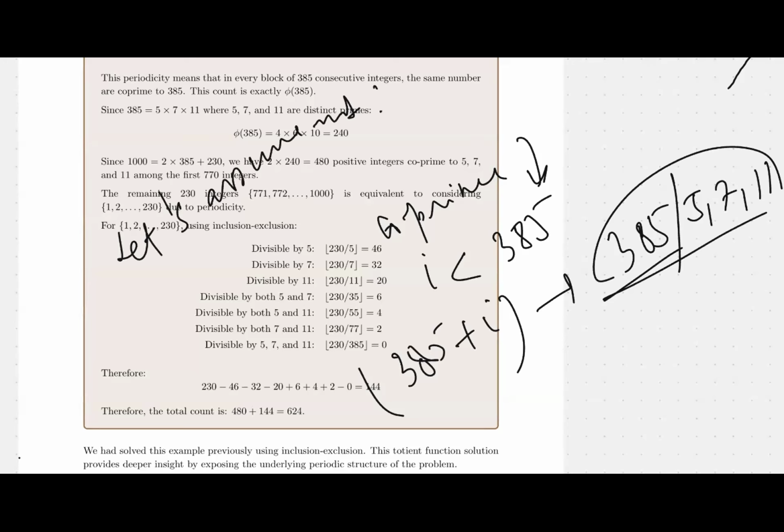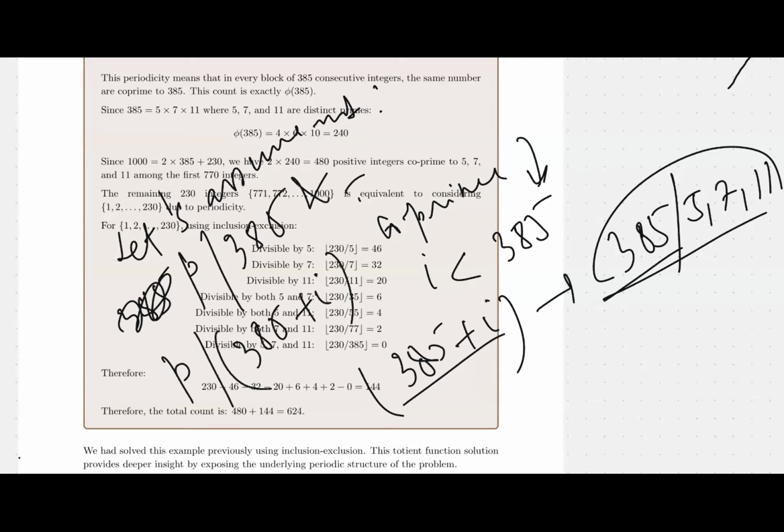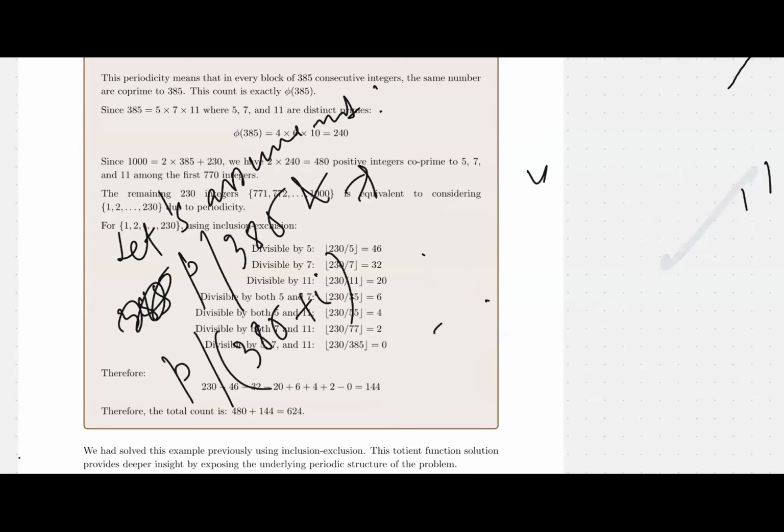It means there exists some prime P that divides both 385 and 385 plus I, which means P divides I, since P is either 5, 7 or 11. Which is a contradiction. Okay. So that's the idea. The idea is that it forms a cycle.